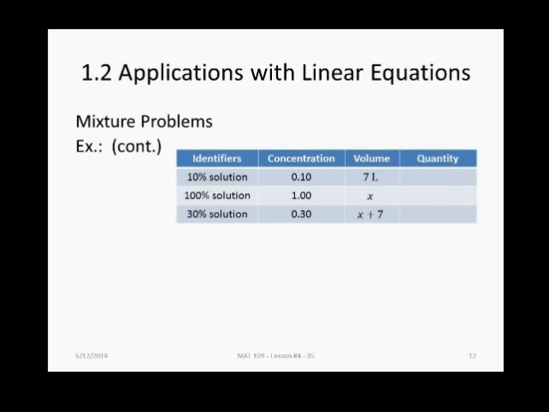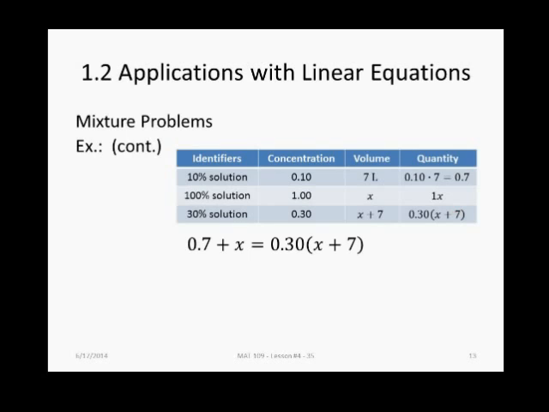Multiplying concentration times volume, I get quantity. So I have 0.7 for my quantity on my 10% solution, 1x in my 100%, and 0.3 times x plus 7 in my 30%. Adding up this last column, this plus this equals this.